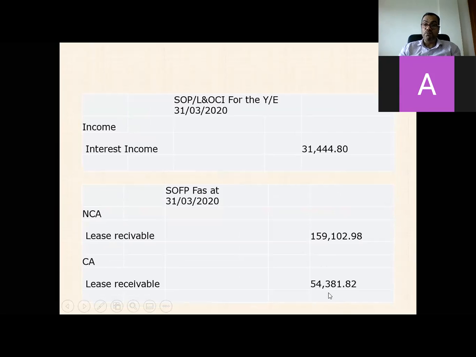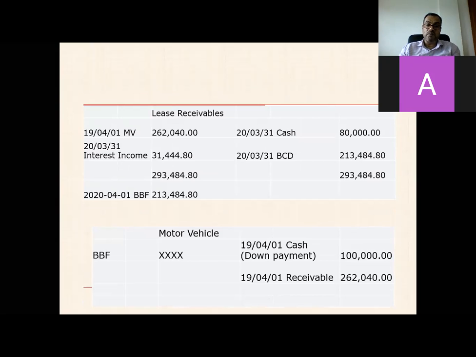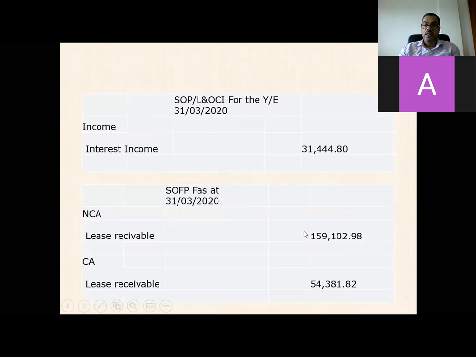But that 80 includes an interest income. What is the interest income? That interest income should be 12% on this. If you calculate 12% on this, it would be 21,000 and some, like maybe 25 something. Therefore, 80 minus that 25 something is 54.